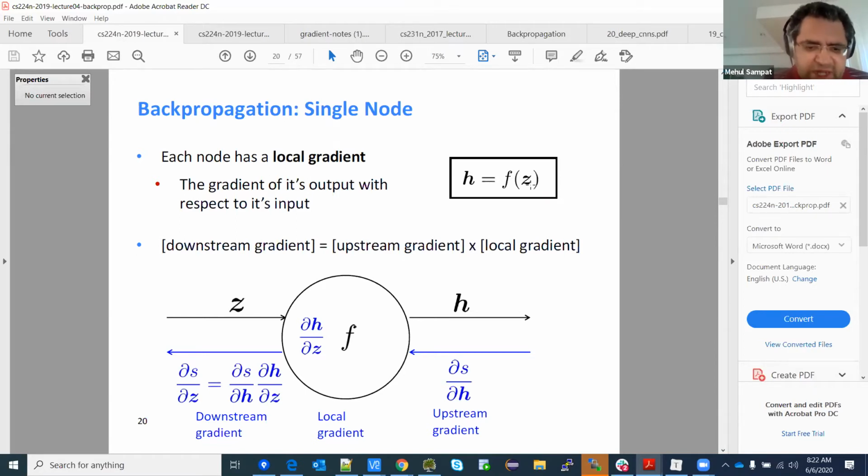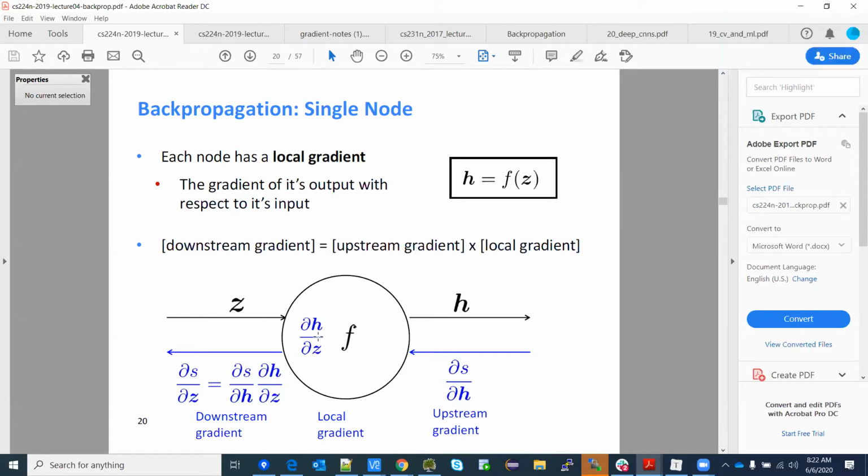Or if I decrease Z by 0.1, what happens to H? If I increase Z by 0.2, what happens to H? The gradient is just telling you the relation between H and Z: if I change Z a little bit, how does it affect H? Let me show you the next slide. It has an example with a real function and numbers.